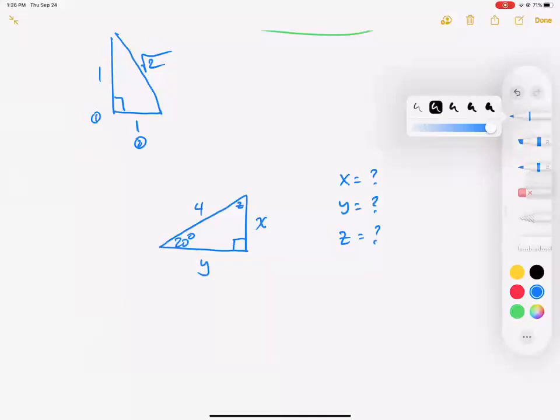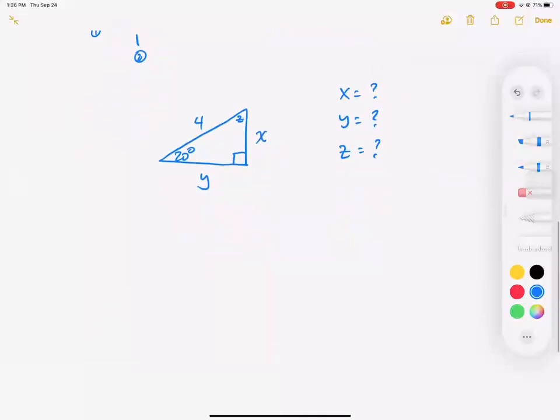Now, here is the way I like going about it. First, how many angles are inside a triangle? There are 3 angles, and if you give me 2, we can find the third, because all angles inside a triangle add up to 180. So 90 plus 20 plus z is equal to 180.